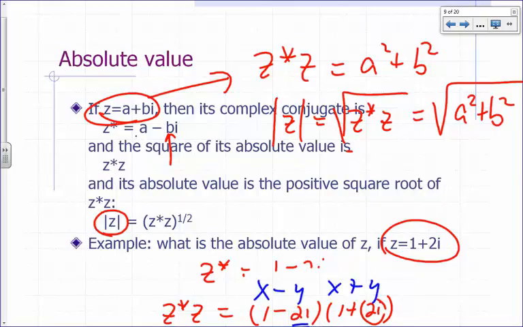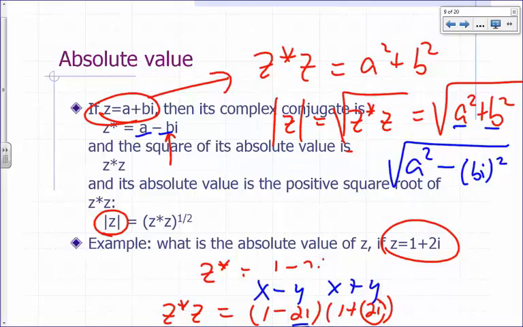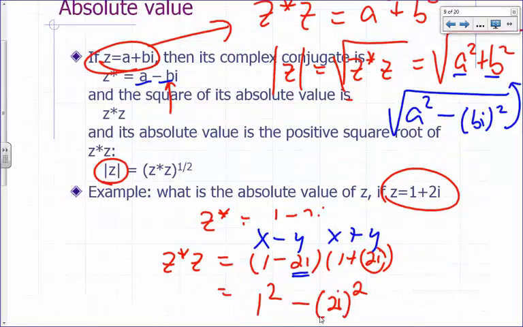It's the square root of a squared minus bi squared. But i squared is negative 1, so that ends up being a squared plus b squared.